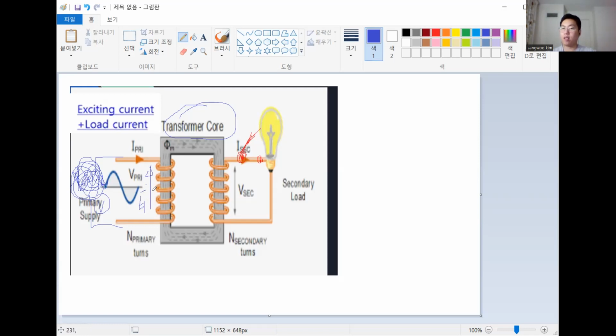Just energy, okay? E1, and also here E2, the secondary part. So this one and this one have the same magnitude. It's the same size, the same amount.